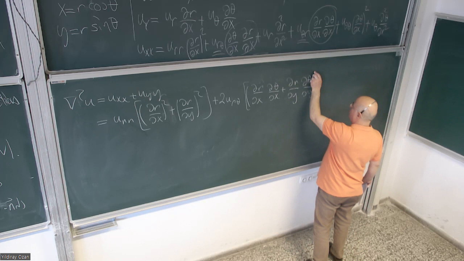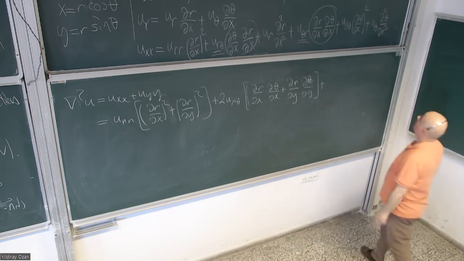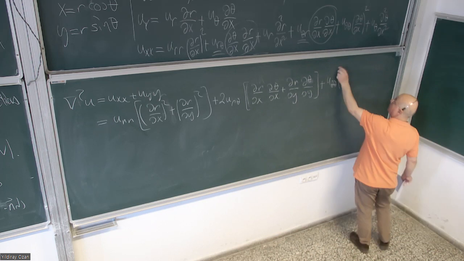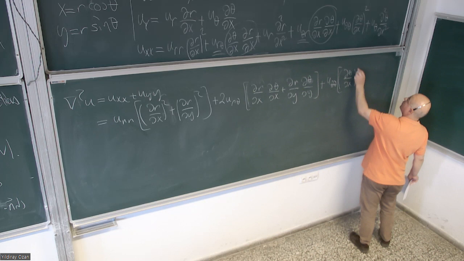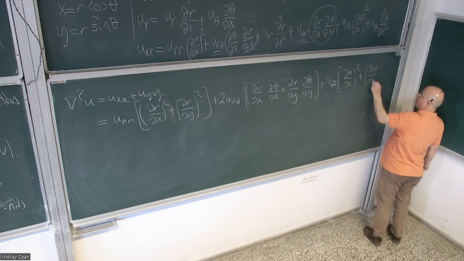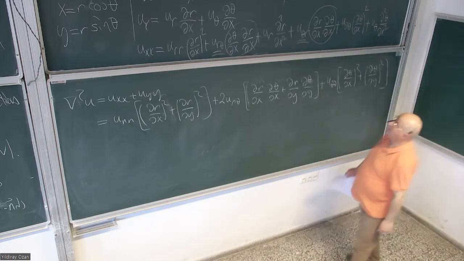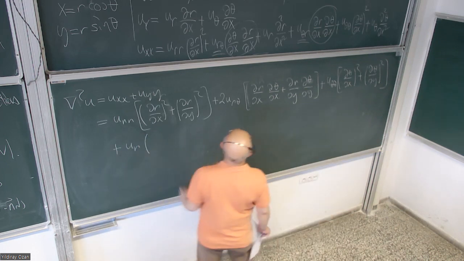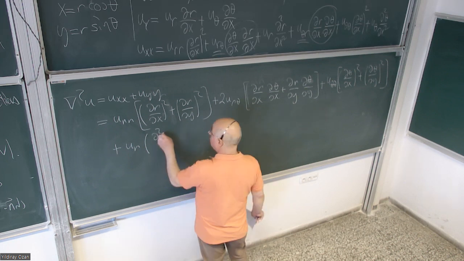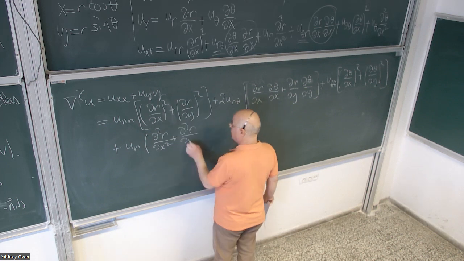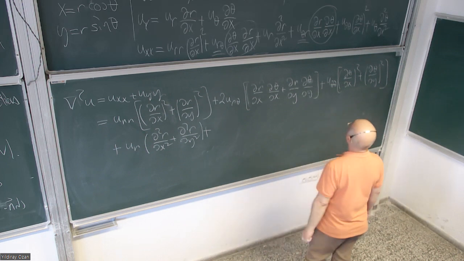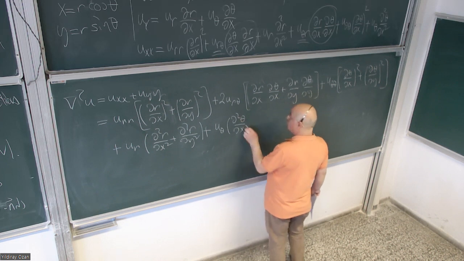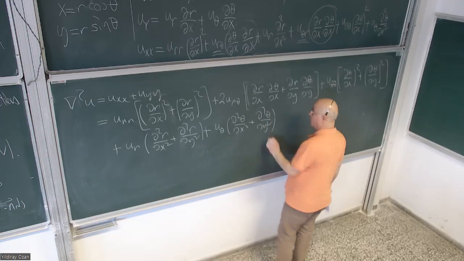Plus u sub theta theta, del theta del x squared, del theta del y squared, and then I will have u sub r, del squared r del x squared plus del squared r del y squared, plus u sub theta, del squared theta del x squared plus del squared theta del y squared.